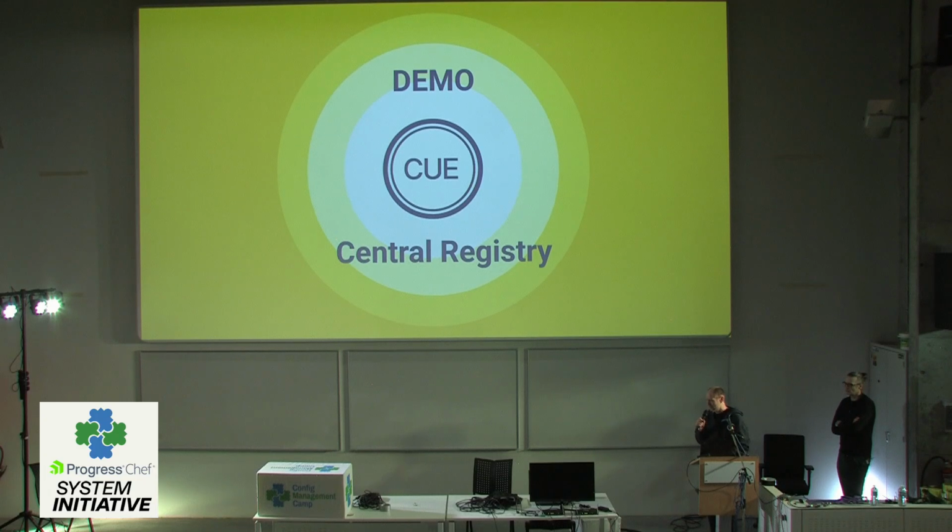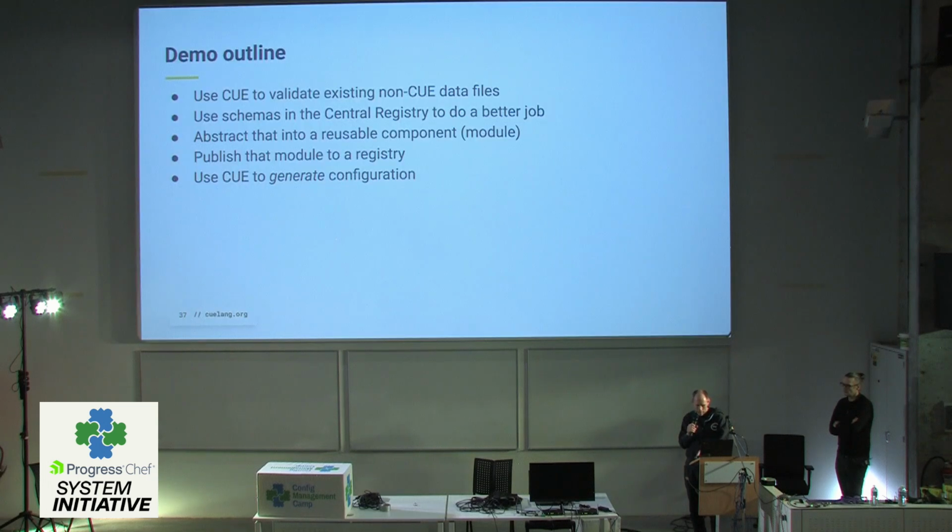I was writing YAML files, but I had no way of saying whether those YAML files were actually correct before I produced them and gave them to the program to run. This is a way that I could do that really easily. So I'll demo some of that. It's going to be pretty nuts and bolts.